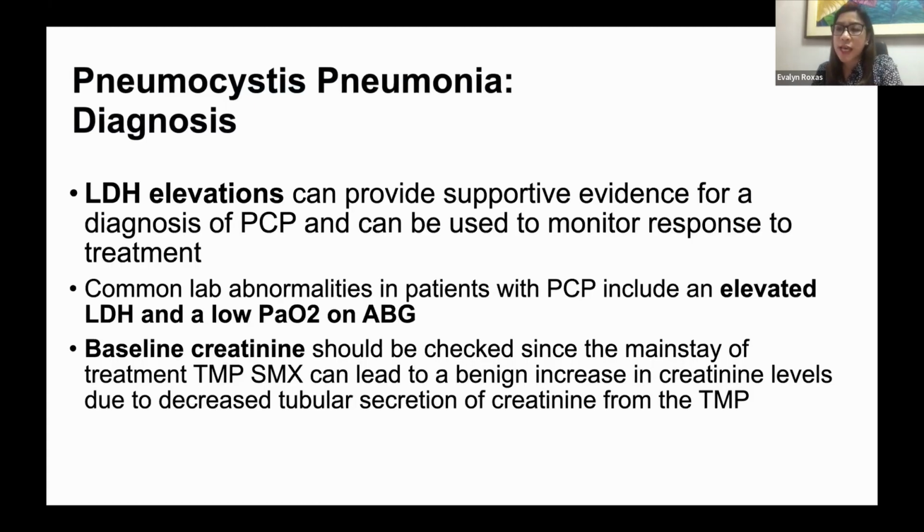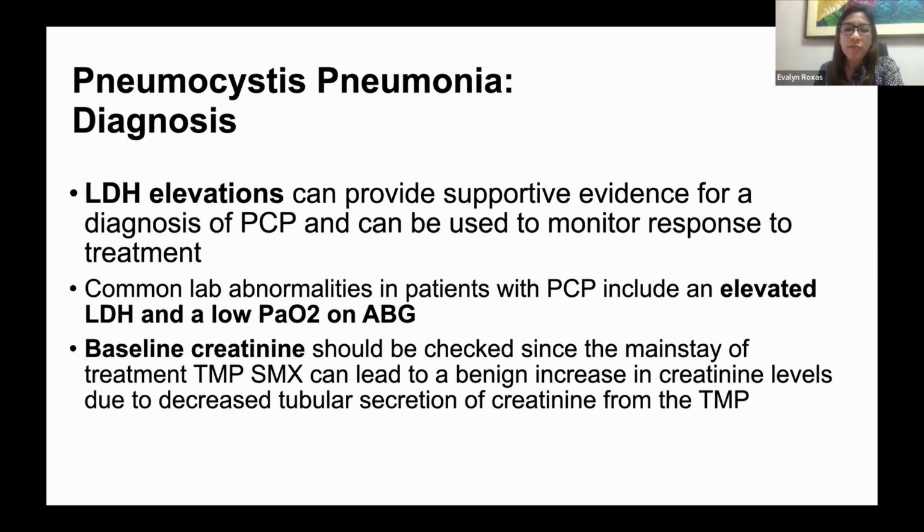Just like in our case, the patient has elevated LDH. LDH elevations can provide supportive evidence for the diagnosis of PCP, and aside from diagnosing, it can be used to monitor response to treatment also. So we request an LDH level for PCP patients.